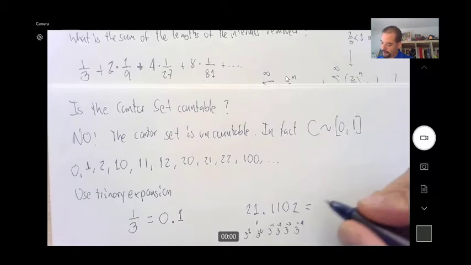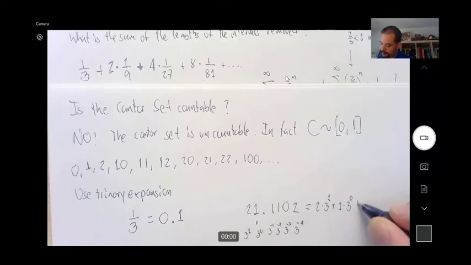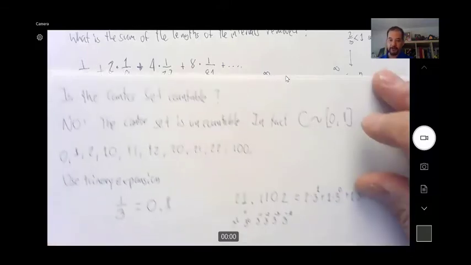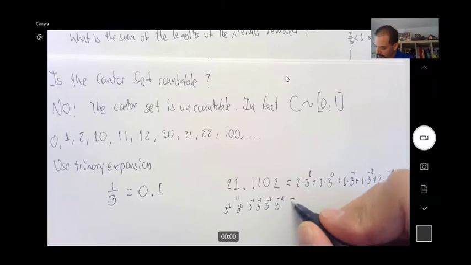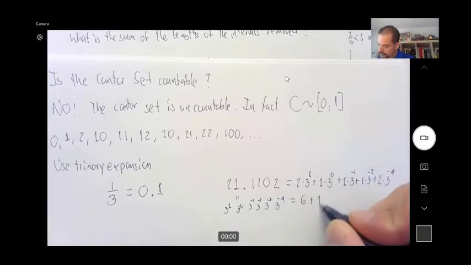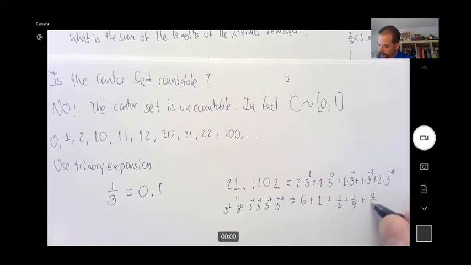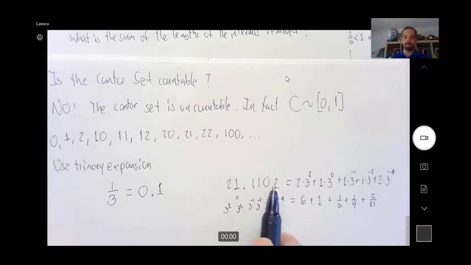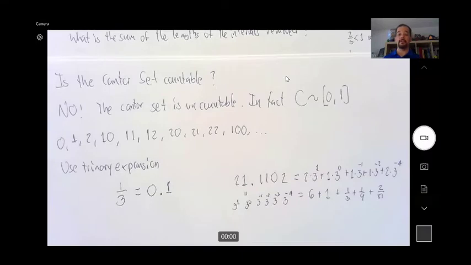So this is 2 times 3 to the first, plus 1 times 3 to the 0, plus 1 times 3 to the -1, plus 1 times 3 to the -2, plus 2 times 3 to the -4. That's what this number represents. So it is 6 plus 1, 7, and then this is 1/3, this is 1/9, and this is 2/81. I don't want to do the addition, but that is the number represented by this ternary expansion. Is that clear?